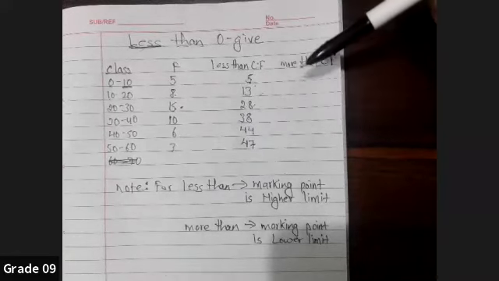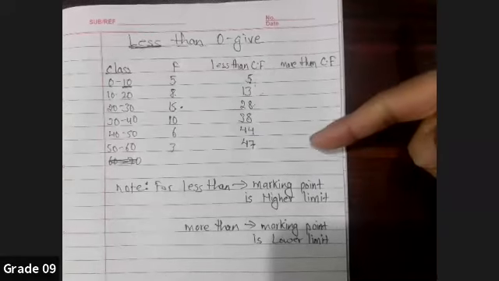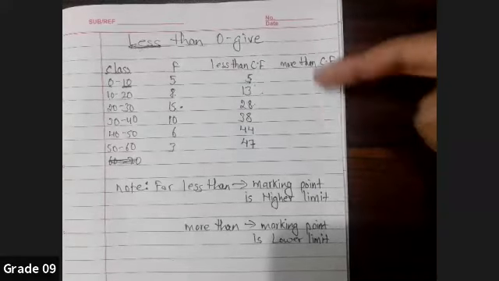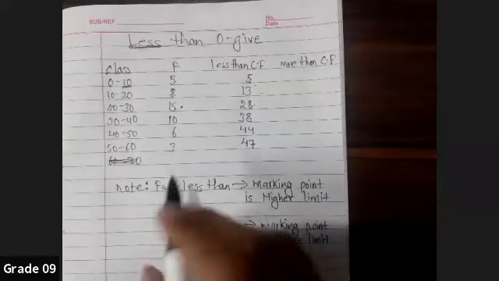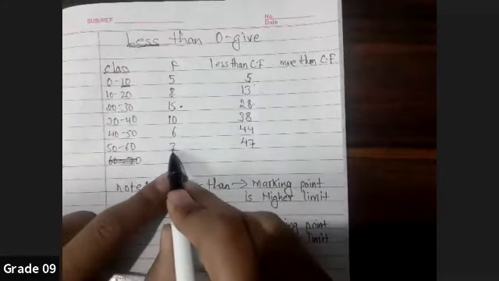For the more than ogive, do the same thing but from the bottom. That is the only difference. Very simple: do the same thing but start from the downward. That means I'm going to do the same thing on the basis of the given frequency.